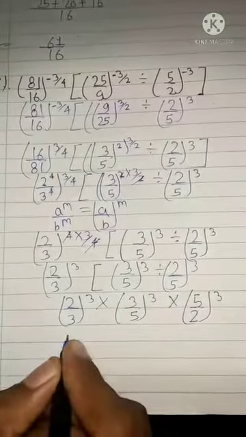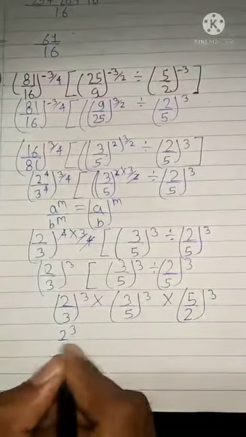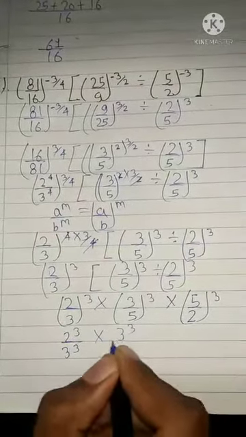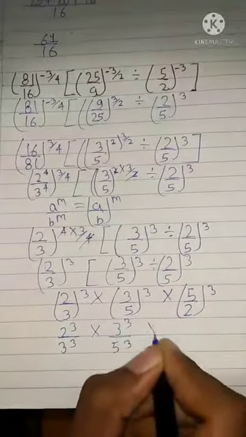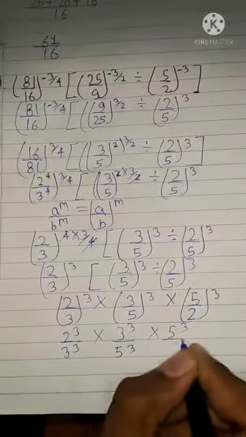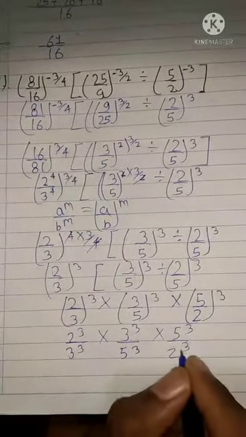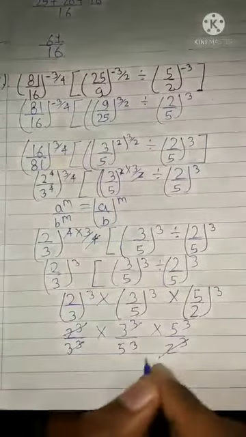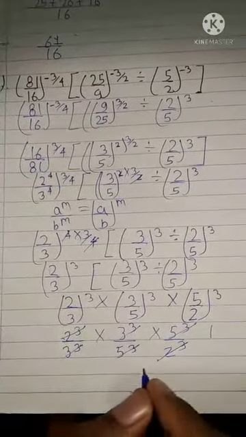So first change this 2 to the power 3 in this form, right? 3 to the power 3 into 3 to the power 3 upon 5 to the power 3 into 5 to the power 3 upon 2 to the power 3. First simplify: this 2 to the power 3 cuts, this 3 to the power 3 cuts, and finally the answer is 1.